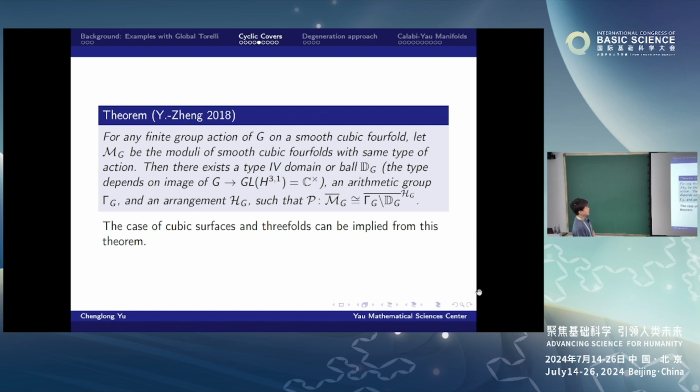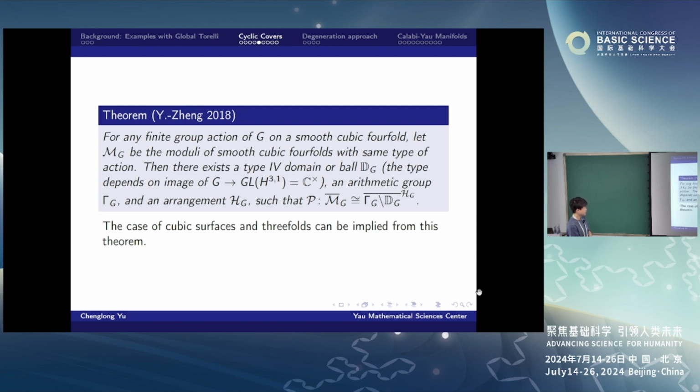And we will have an arithmetic group acting on the type IV domain or the complex hyperbolic ball, and also a hyperplane arrangement inside this period domain. And we prove that the corresponding period map in this case also gives you an isomorphism from the GIT moduli to the Looijenga compactification on the right-hand side. So the cases of cubic surfaces and cubic threefolds can be interpreted as special cases of this theorem.